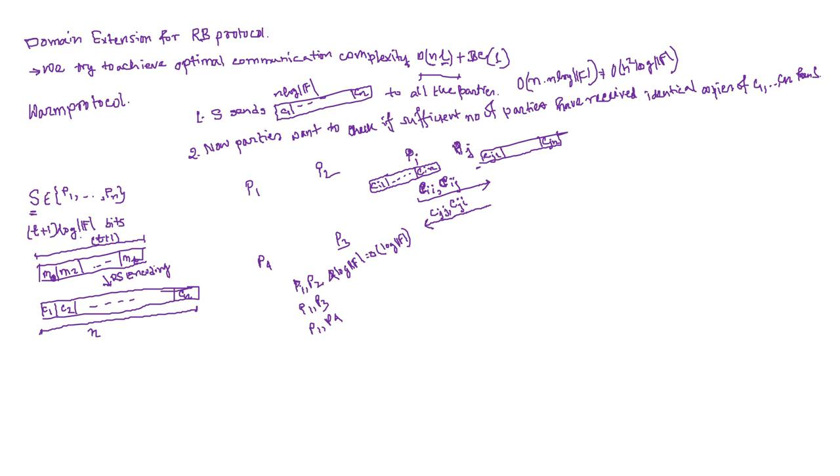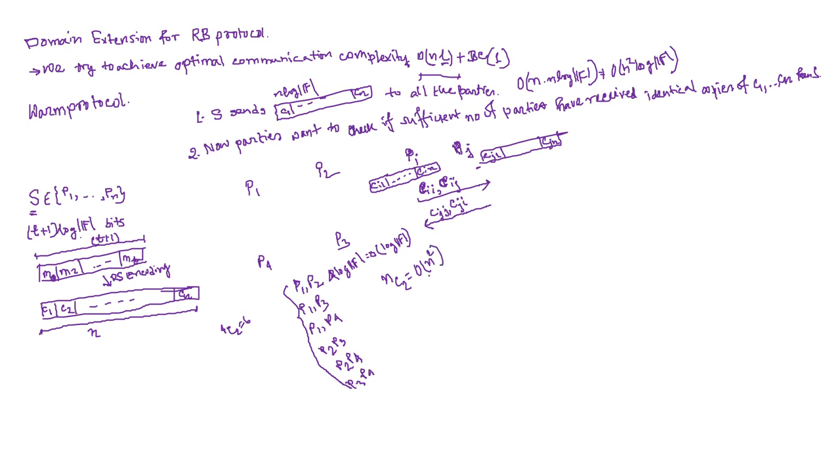So for each of these pairs of parties there is order of log f bit of communication. So there is P1, P2, P1, P3, P1, P4. Similarly there is P2, P3, P2, P4, and there is P3, P4. So 4C2 or 6 such pairs will be there, and each pair will require order of log f bits of communication, and NC2 is actually nothing but order of n square.